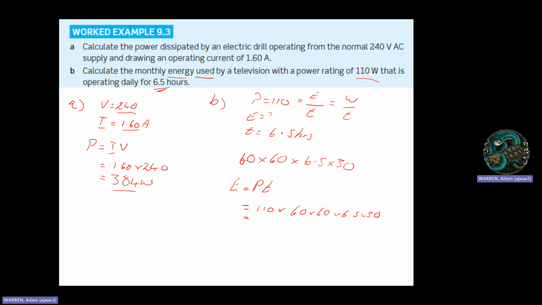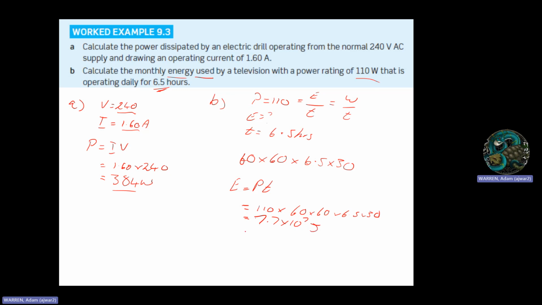How many zeros is that? 1, 2, 3, 4, 5, 6, 7. Rounded off, we get 7.7 times 10 to the 7 joules of energy.